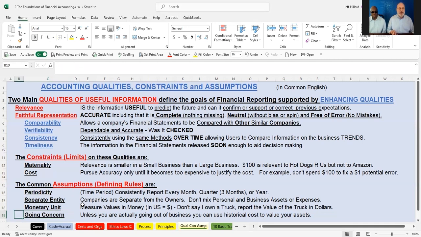You don't have to value your inventory and other assets as though you're about to go bankrupt and have a going out of business sale. So lots of definitions here. You can refer back to them at any time if you have questions.